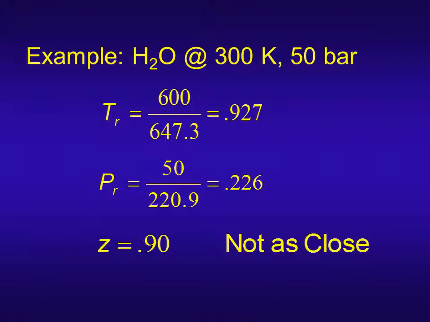So again, this reduced temperature and reduced pressure can get you into the Z table or the Z chart that you'll find in your text, and you can find how close you are to being an ideal gas depends on the particular substance that you have.